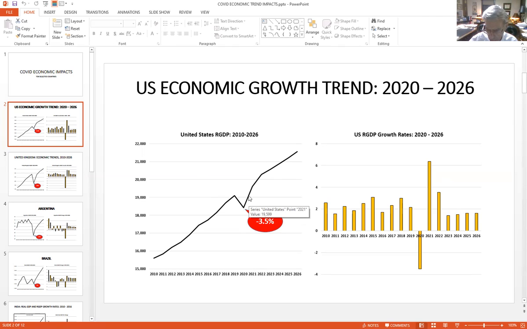And we're hopeful that here in 21 we'll essentially get back to where we were at the end of 2019. You can see what a rapid growth rate the IMF expects.